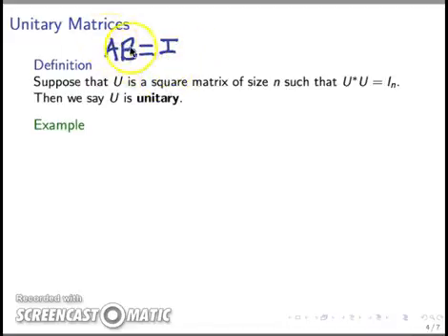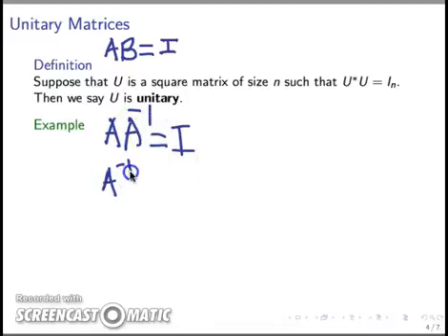The important thing is this ability to multiply by a matrix and have that product equal the identity. This goes back to the core idea: whenever you multiply a matrix times its inverse, that's actually the definition of being an inverse. A times A inverse equals the identity, and A inverse times A is also equal to the identity. Because of the definition of the inverse of a matrix, that product is in fact commutative, right?